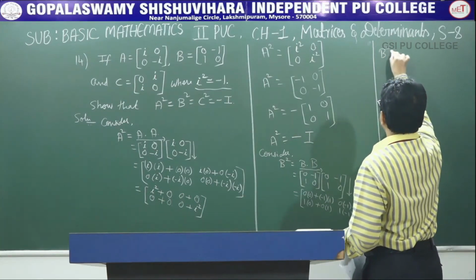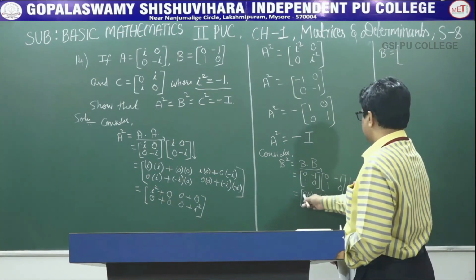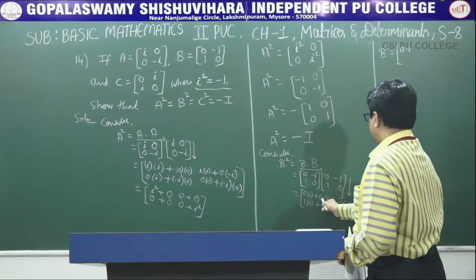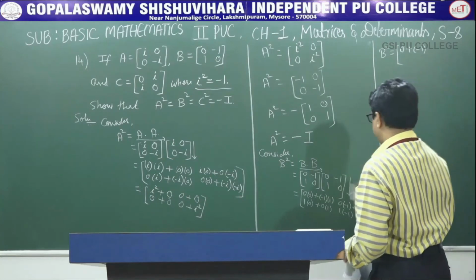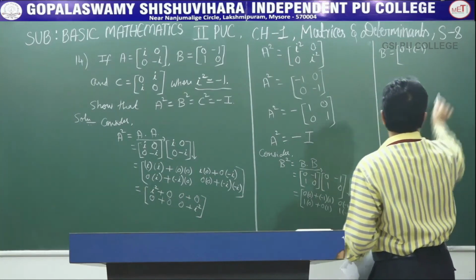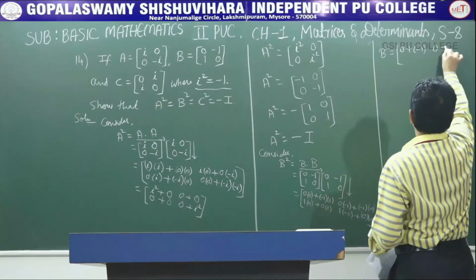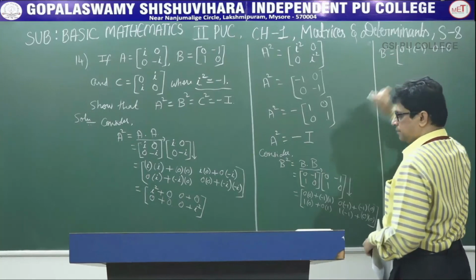Therefore, B square will be equal to, so 0 into 0, 0 plus minus 1 into 1, minus 1, 0 into minus 1, 0 plus minus 1 into 0, 0.